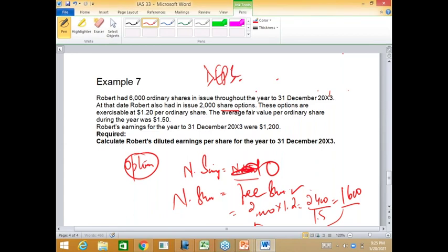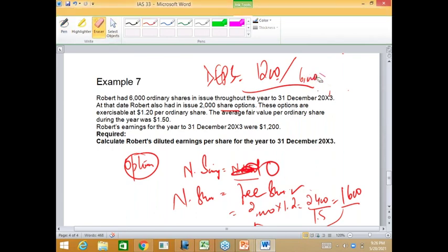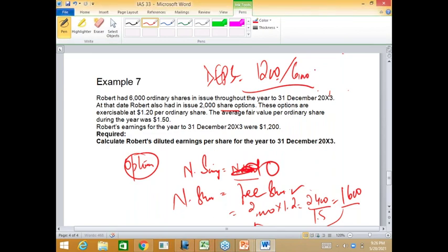So the diluted EPS will be calculated as 1,200 divided by number of shares, 6,000 plus free shares, which is 400.